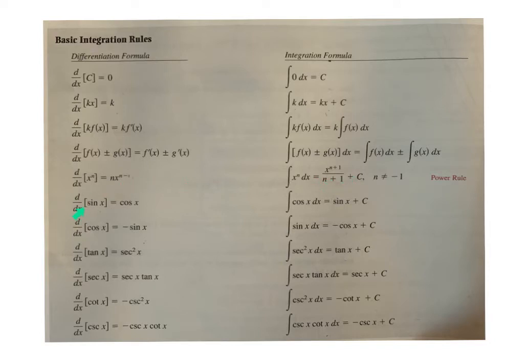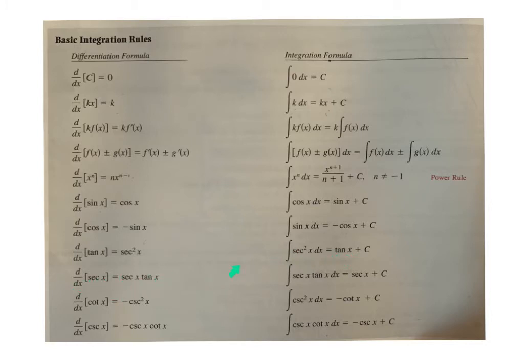Trig functions. If the derivative of sine is cosine, then the antiderivative of cosine is sine, right? The derivative of cosine is negative sine, then the antiderivative of sine is negative cosine. It flips it. The derivative of tangent is secant squared. Well, the antiderivative of secant squared then is tangent. These are all ones you should already know.